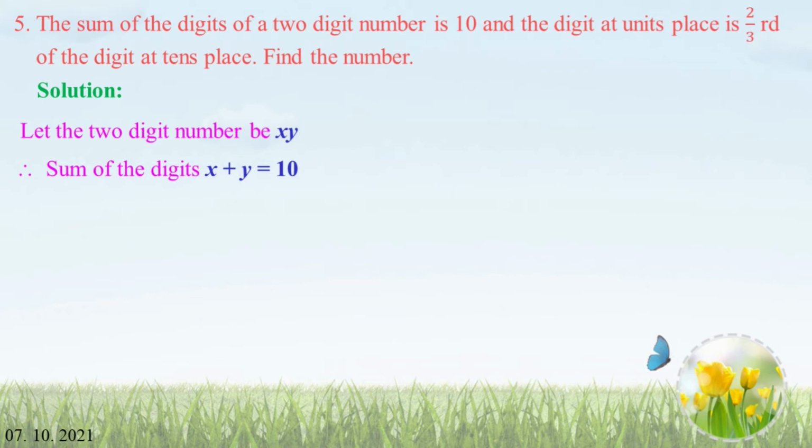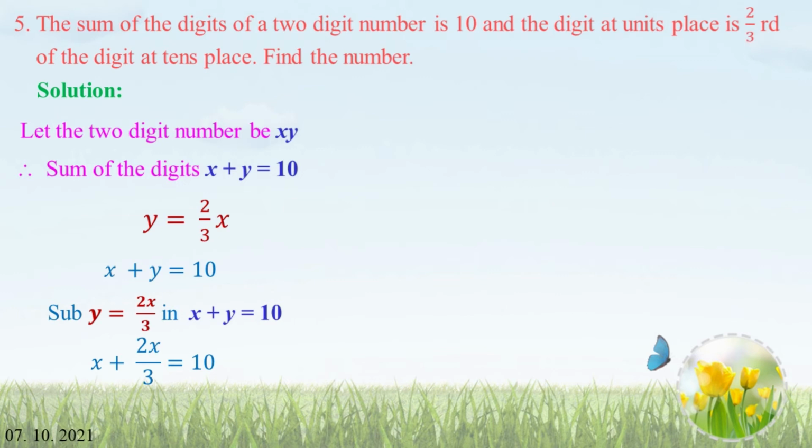Sum of digits: x plus y equals 10. Units place y equals 2/3 of the tens place. The tens place is x. So y equals 2/3 x.